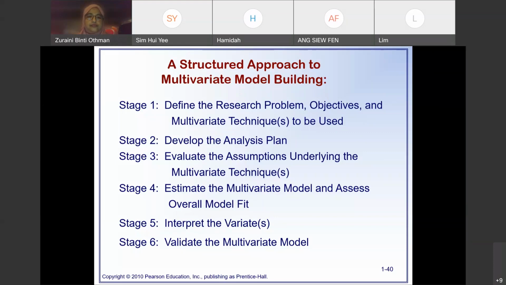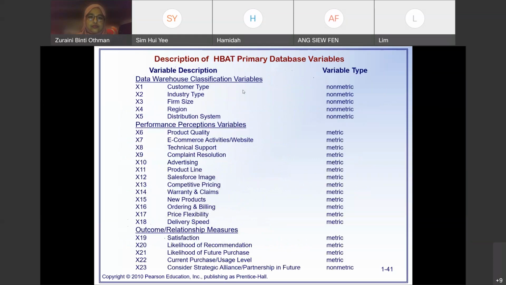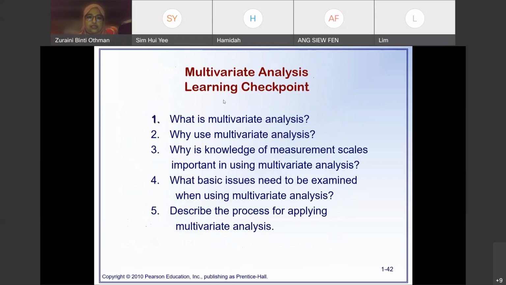Then this is the example. This is the data. You have to know your data. This is the variable description and this is the variable type. Then this is the multivariate analysis checkpoint.